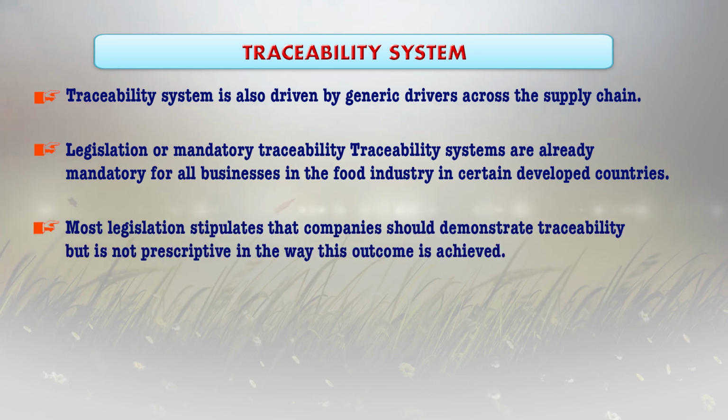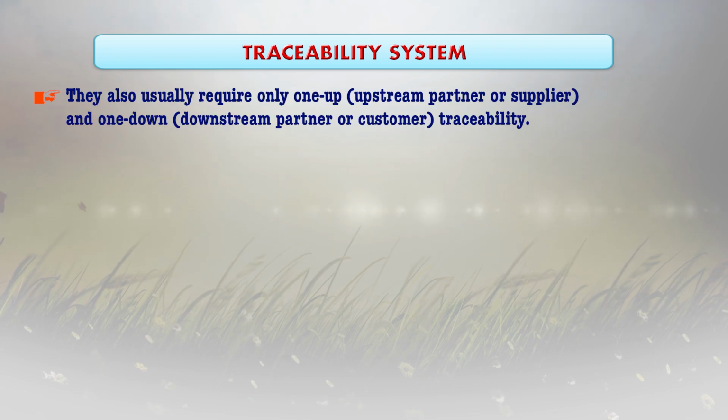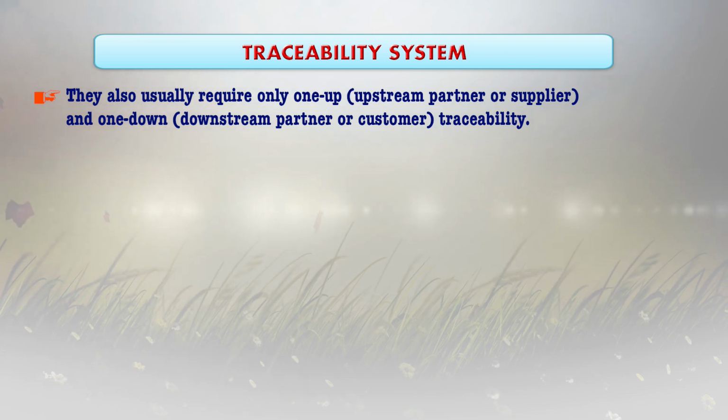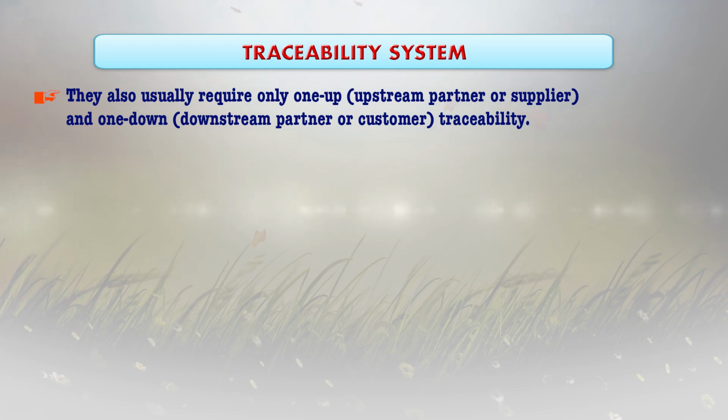Most legislation stipulates that companies should demonstrate traceability, but it is not prescriptive about how this outcome is achieved. It usually requires only one up, that is the upstream partner or supplier, and one down, that is the downstream partner or customer traceability.